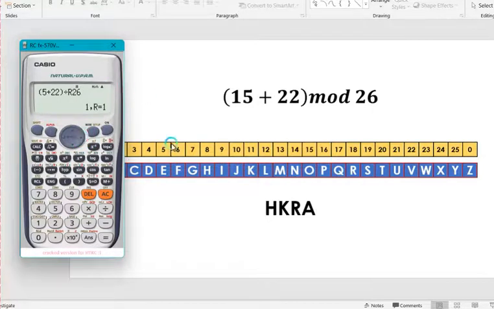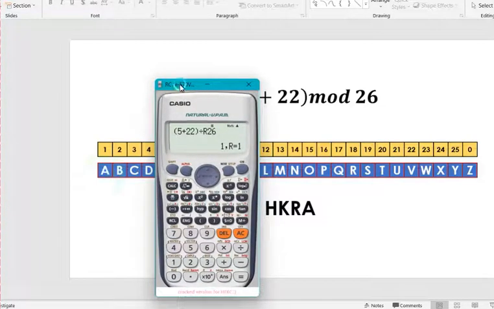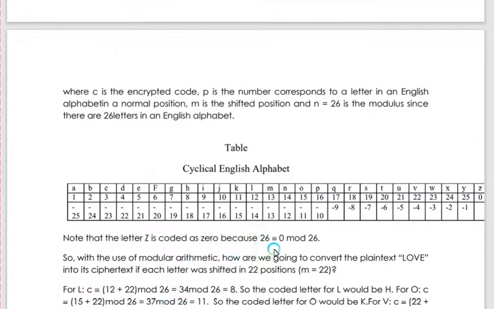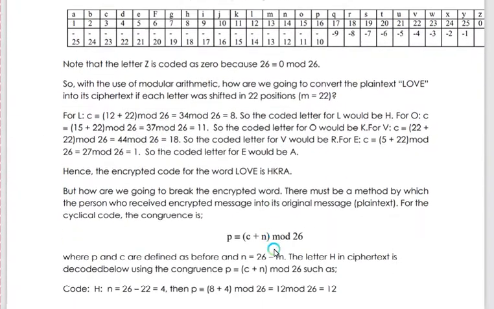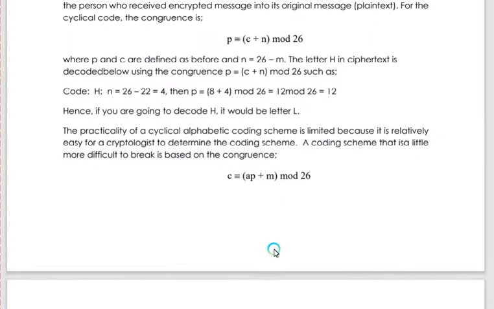Then, this is 1, which is represented by 8. So, that is the representation of our modulo. So, you can use your calculators for that. Okay, but this seems like a simple method of encryption and decryption if that is what happens.